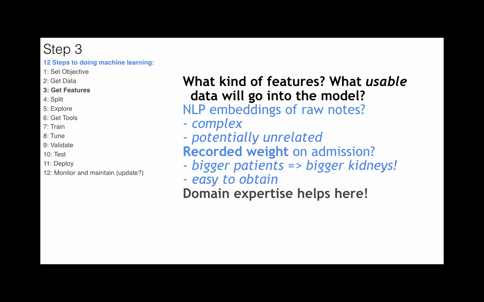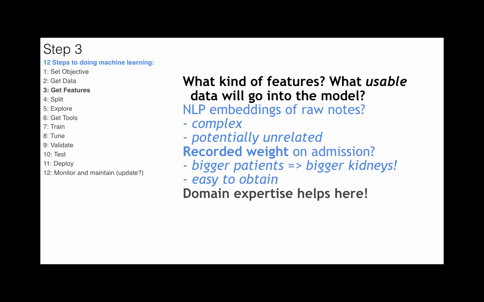This may or may not be true, but certainly, free text notes associated with a visit to your primary care doctor may contain clues about something going on with your health, right? So if you're significantly overweight, maybe we believe that weight is going to be related to kidney length, and so that would be a strong predictor of kidney length. Maybe that's going to be in the note. But the easier thing to do is just, because we have annotated data in a fixed field with a fixed format, weight, we can just pull that and use that as our input.